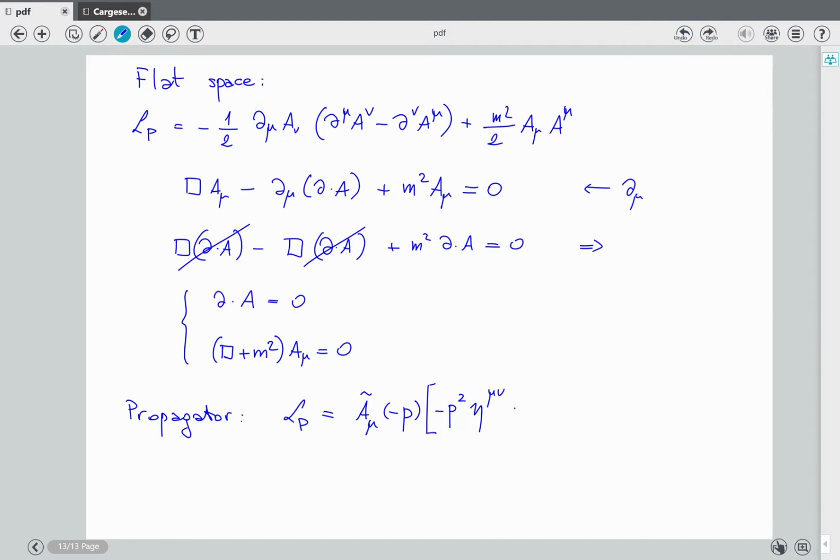So that's correct. Then you will have p^μ p^ν plus m² η^{μν} times Ã_ν of p. So we have to invert this operator, η_{μν} times (minus p² plus m²) plus p_μ p_ν.